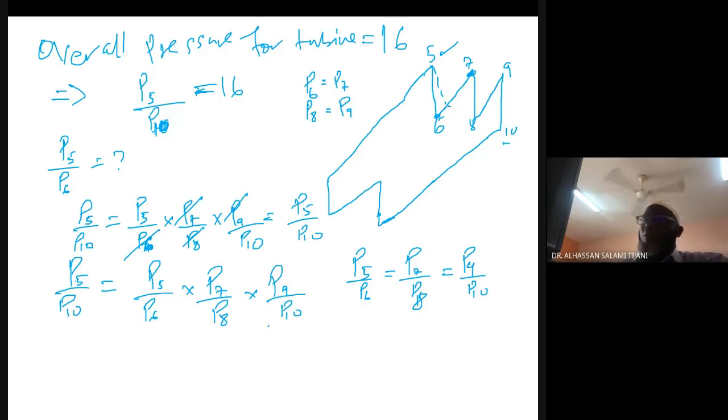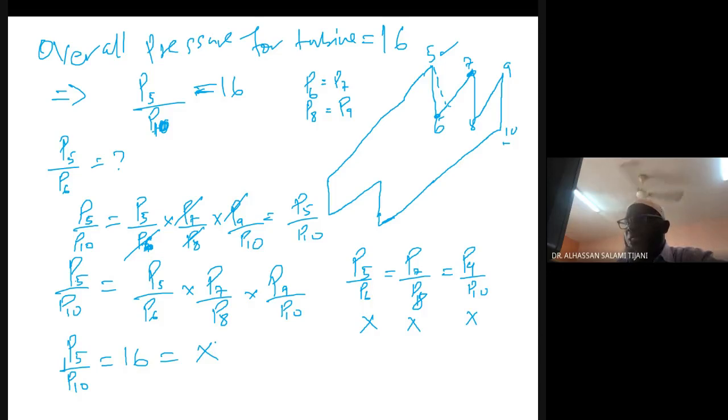All right. So it means that if we represent any of these by x, this is also x. So I'll have P5 over P10, which is the overall pressure ratio, equals 16. And this equals x raised to the power 3, because this is x times x times x.